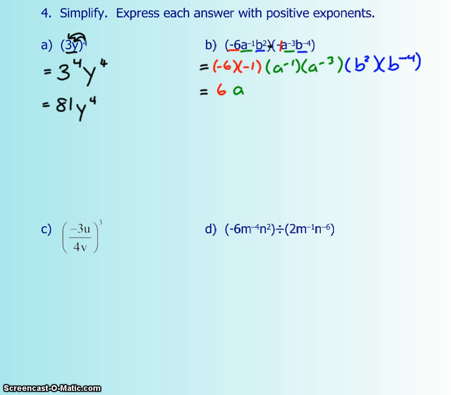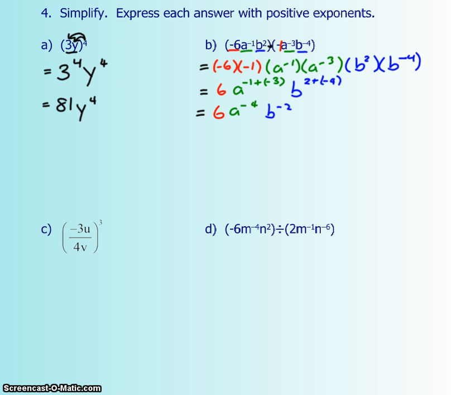We have A to the -1 plus -3. And then B to the 2 plus -4. Okay, so the next step is 6, A to the -4, and B to the -2. Okay, so that's pretty much done.